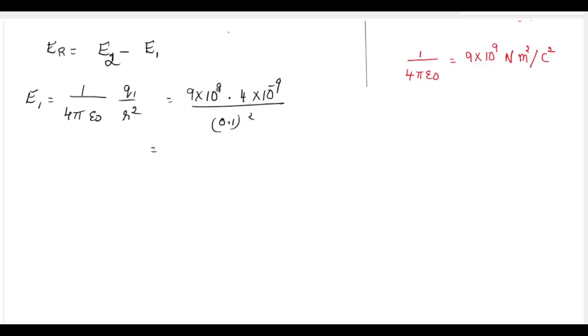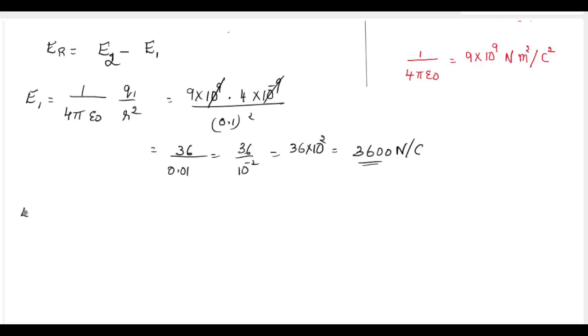So we get 9 into 4 is 36. This gets cancelled and divided by 0.01, which is equal to 36 divided by 10 to the power of minus 2, or 36 into 10 to the power of 2, or this can be written as 3600 Newton per coulomb. So we got the electric field E1 at midpoint O.